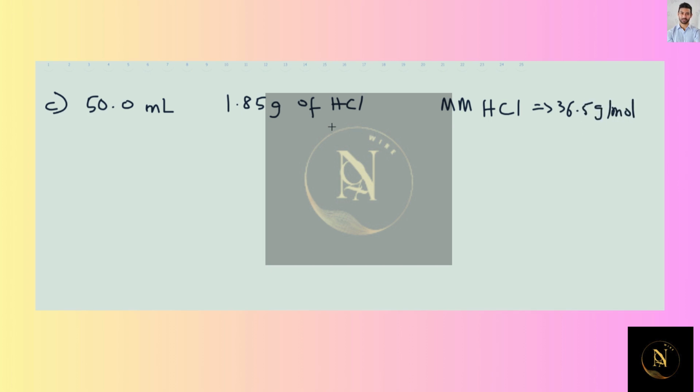Therefore, the number of moles of hydrochloric acid will be equal to 1.85 gram divided by 36.5 gram per mole, and that will be 0.051 mole.